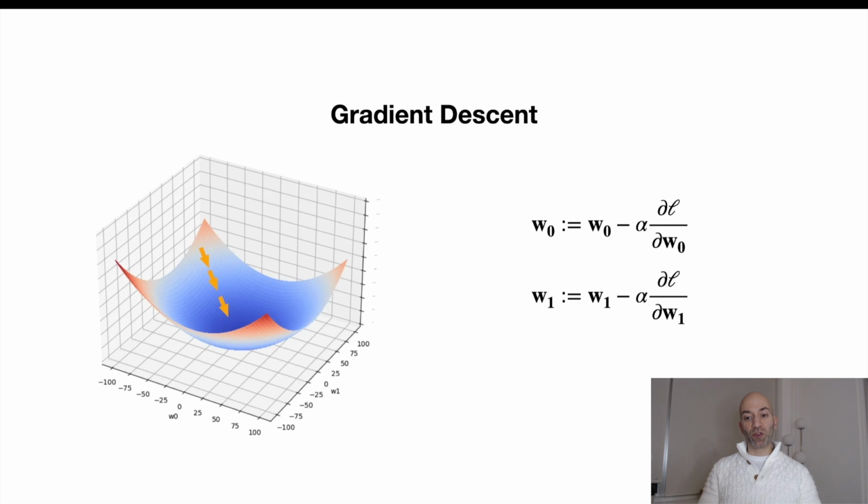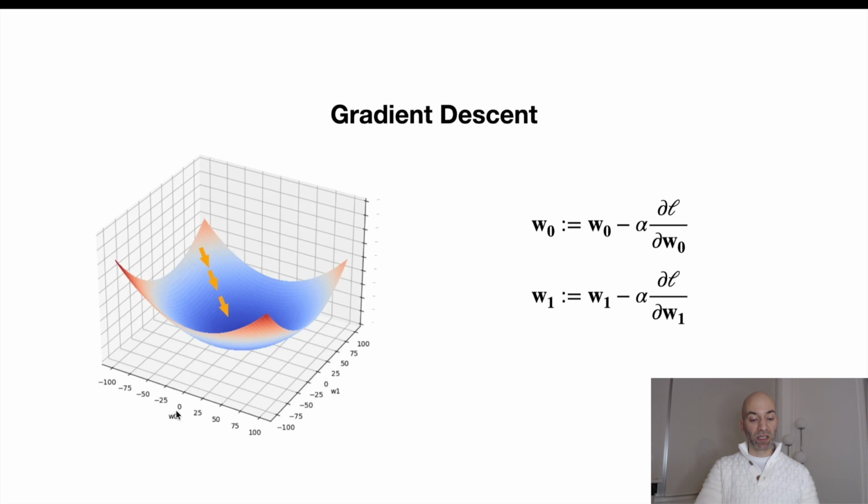In general, the approach involves computing the derivatives of some kind of loss function. So we have to define that. And what we want to do is minimize the loss in terms of the parameters that we need to learn. Just to illustrate that in a simpler way, we can look at the figure on the left, which shows a simple surface plot in terms of 2 different model parameters.